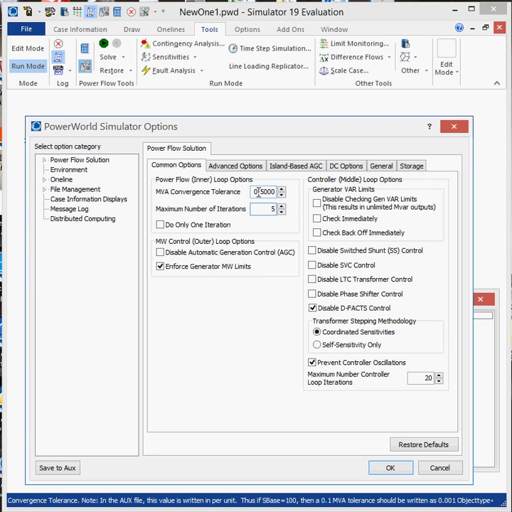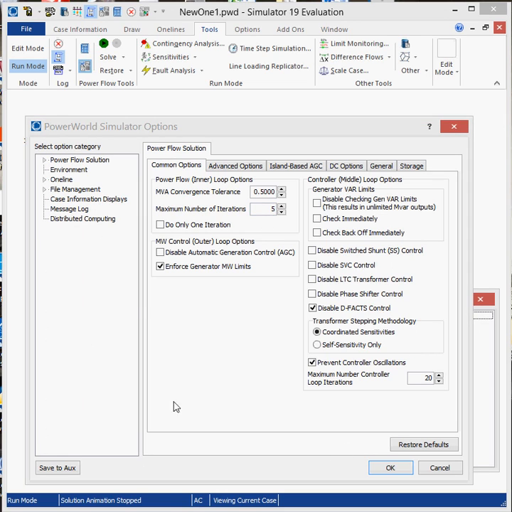So the tolerance is actually set to say your system will successfully converge if the mismatch value is less than 0.5.